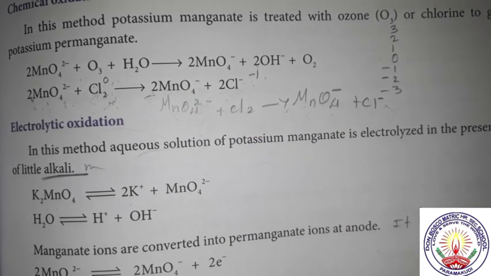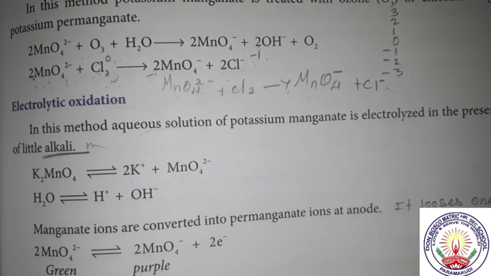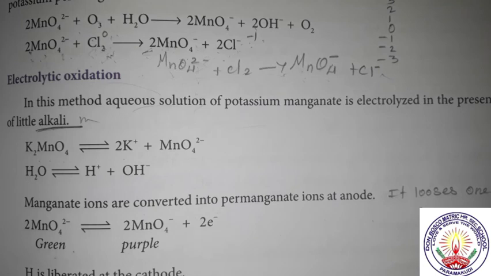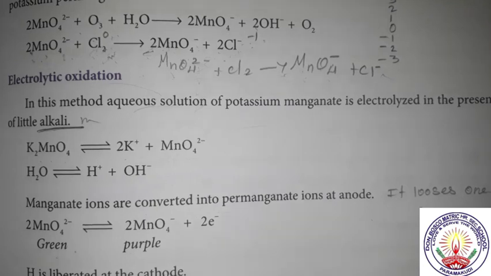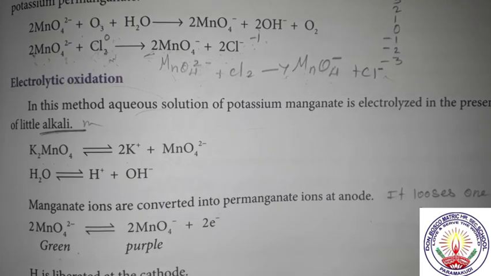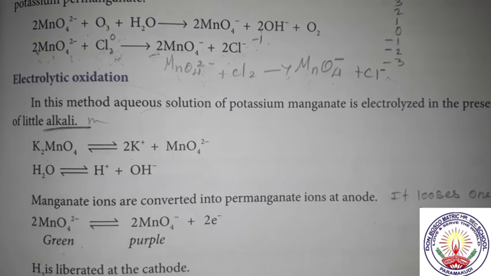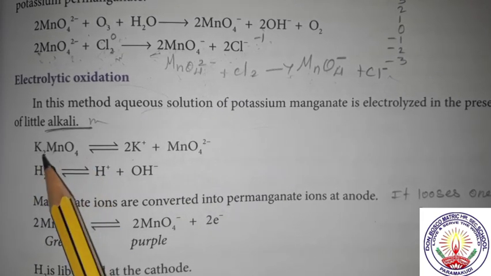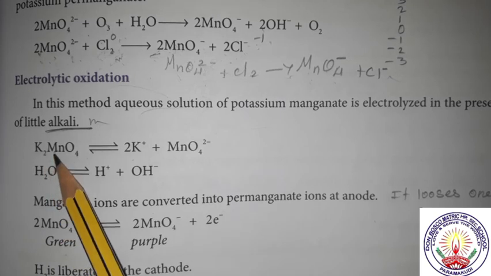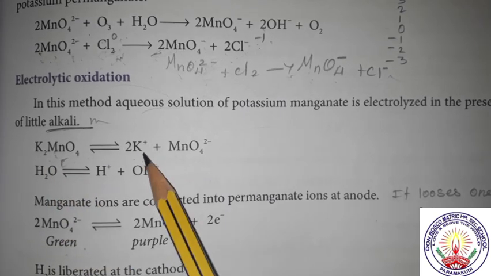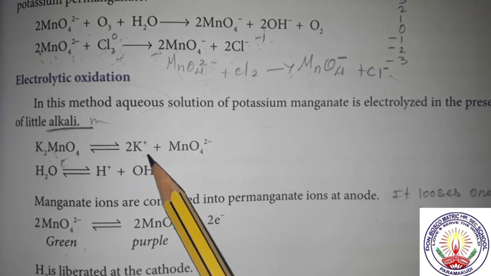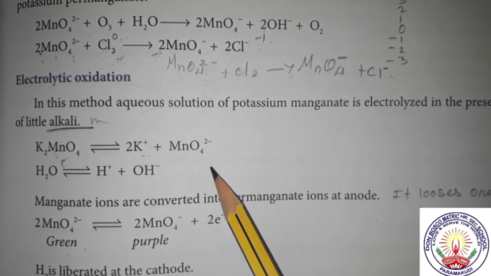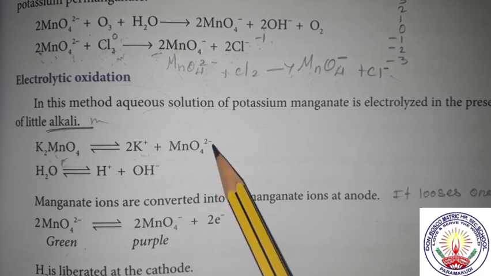Next we shall see the electrolytic oxidation. In the electrolytic way, using electricity, we oxidize this. Here what happens: this K2MnO4, potassium manganate, dissociates into K plus and MnO4 2 minus.